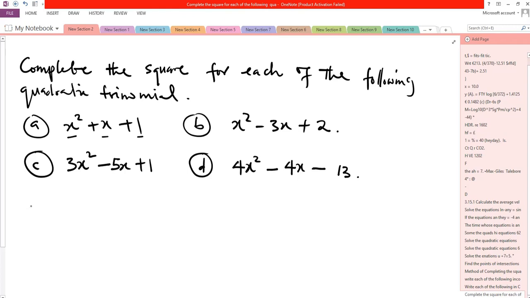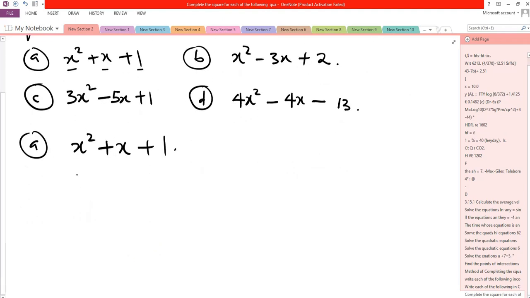So now let's start with a. The expression a is x squared plus x plus 1. The coefficient of x squared and the coefficient of x is 1, so we need to change this into a complete square.